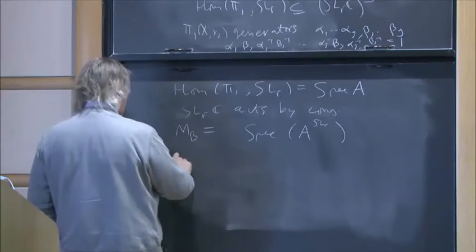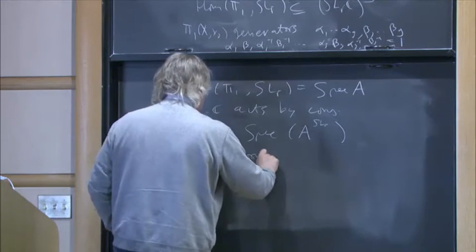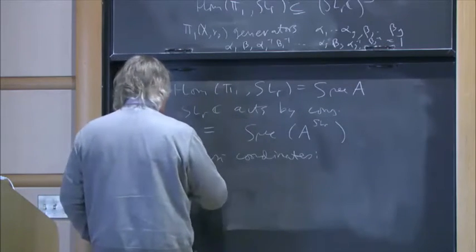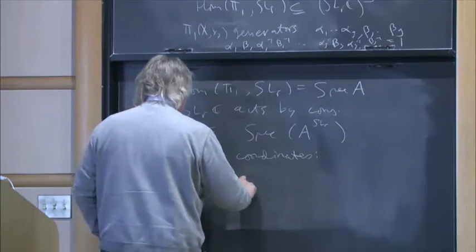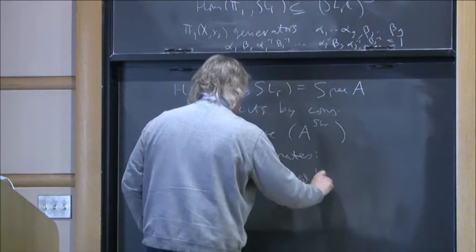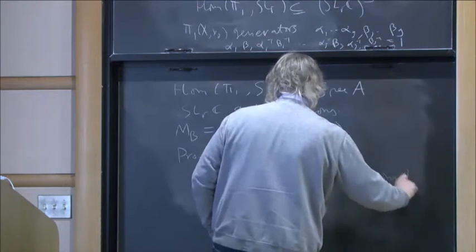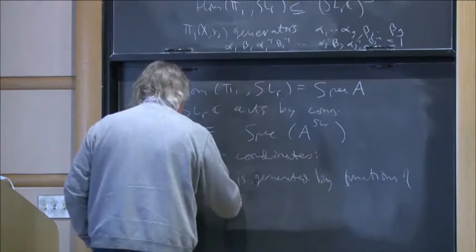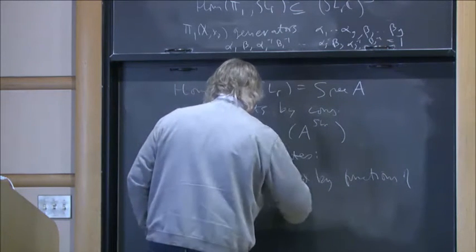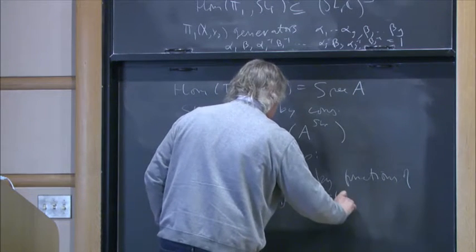We have what's known as Procesi coordinates, which is that this ring is generated by functions of the form trace, a function which sends a representation to the trace of rho of some group element.